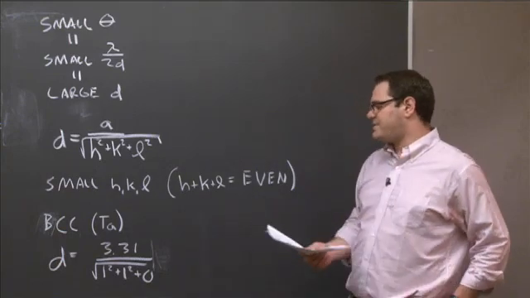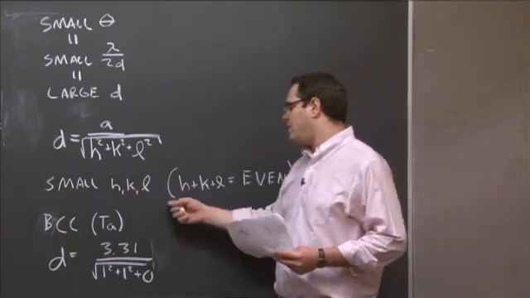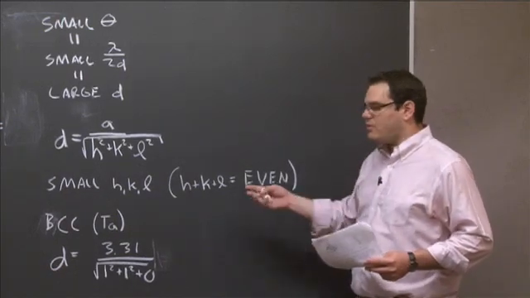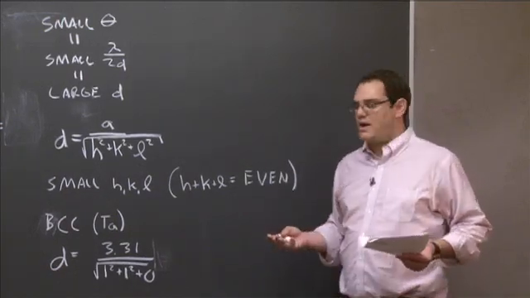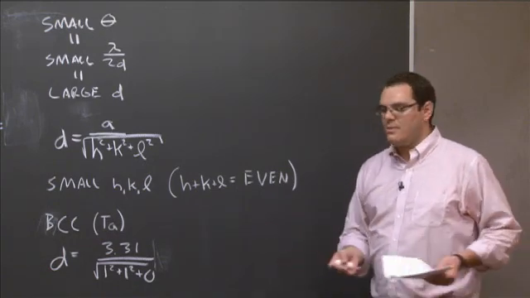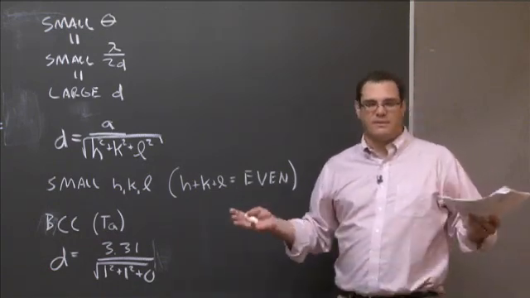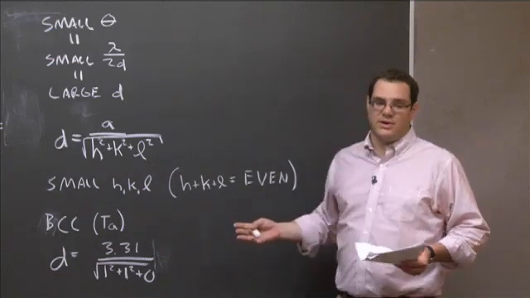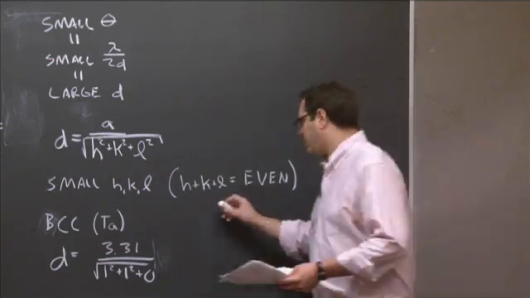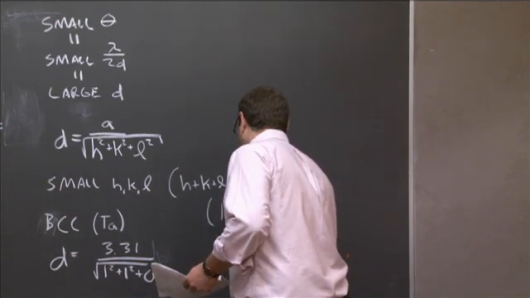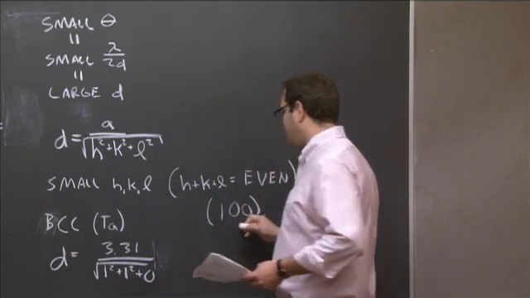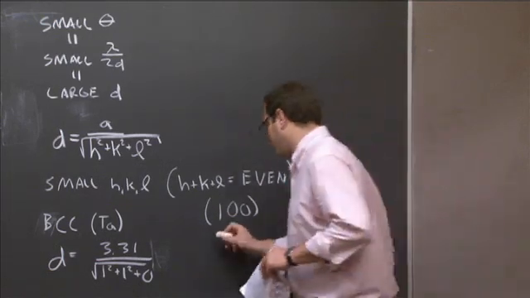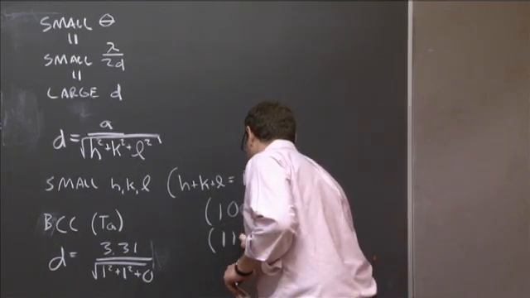So we have a couple things now. We want to minimize h, k, and l, and the sum has to be even. Basically what that means is we have to go through a couple of permutations. So let's think about it. 0, 0, 0, that's even. But that doesn't really correspond to a plane, so that's not going to help us. Let's look at 1, 0, 0. Well, that's not even, so we can't look at that. So what's the next smallest thing we could go to? How about 1, 1, 0?